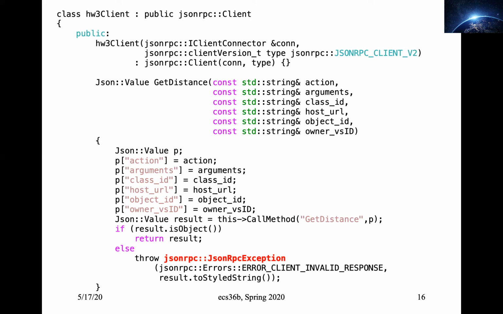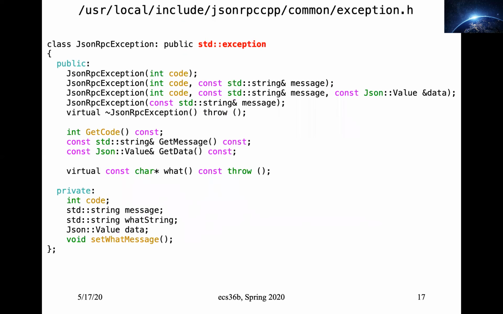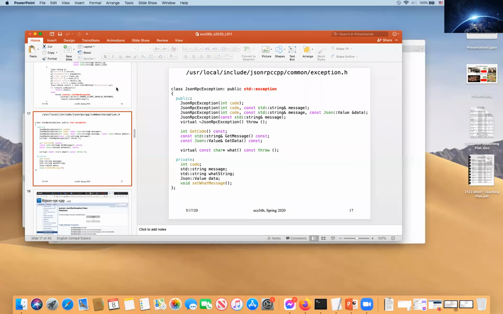Okay, so let's take a look at this. I'm not going to go into extreme detail, but what is JSON RPC exception? Not too surprised, that's the way it's defined. Oh, sorry, it's actually being blocked, so you couldn't see the path.